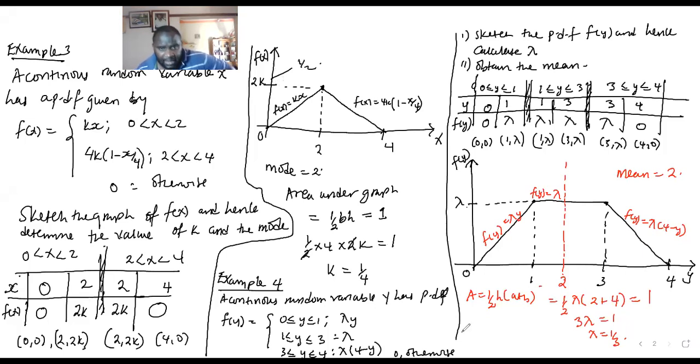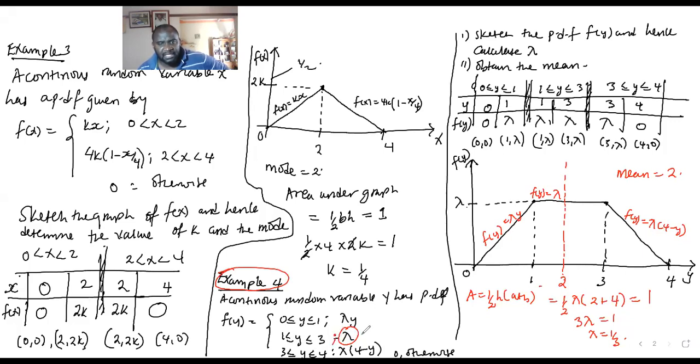Yes, teacher. Okay, do you see this part here? Come here to example 4. The part in the question. The question says between 1 and 3, f of y is lambda.